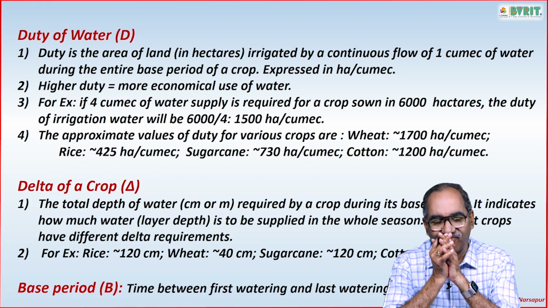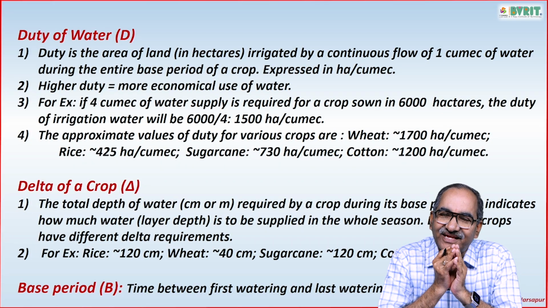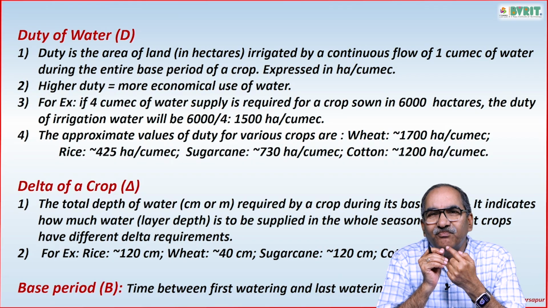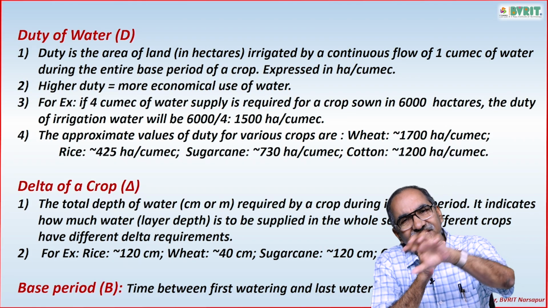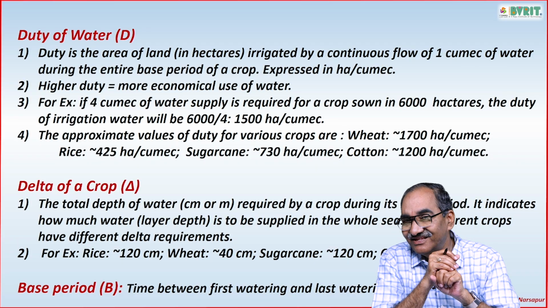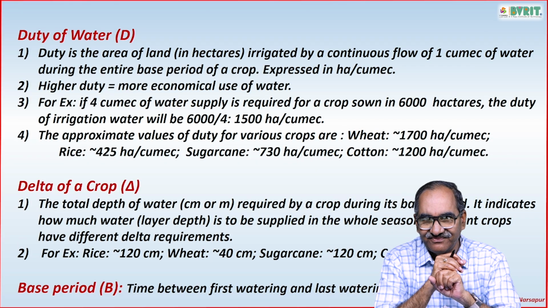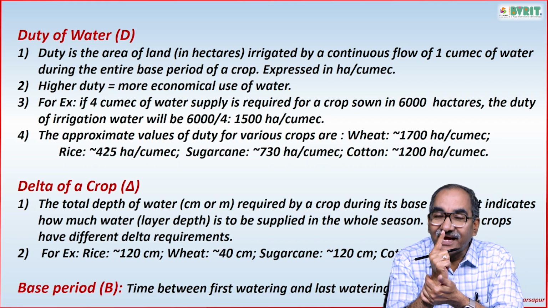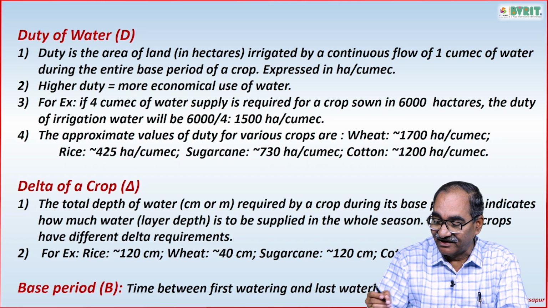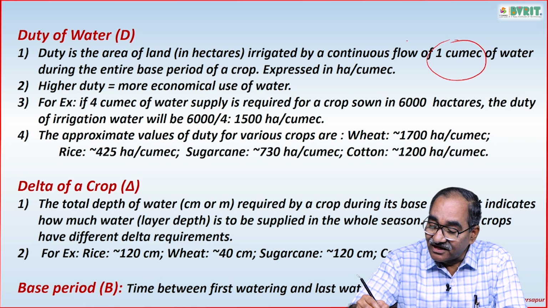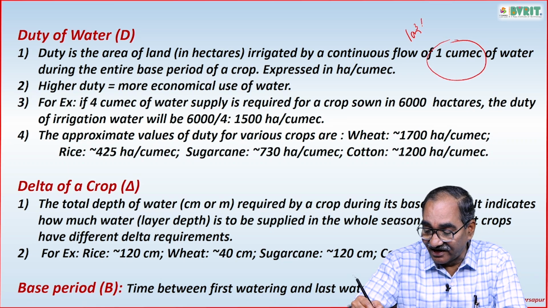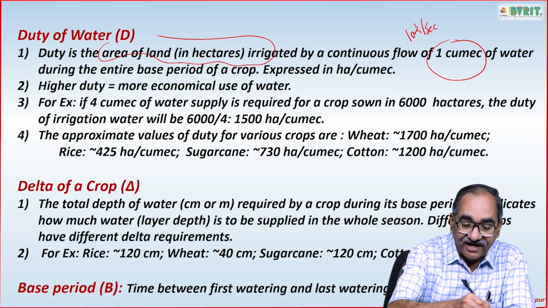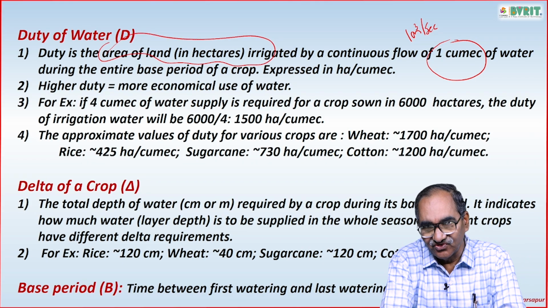So what is duty of water? Duty means actually with 1 cubic of water, 1 meter cube per second of water, how much area you can irrigate is what we call duty.